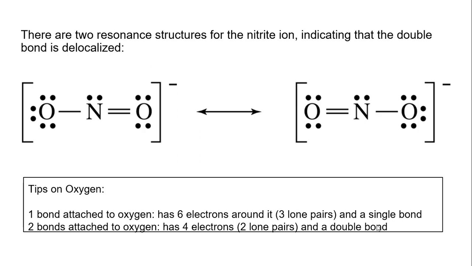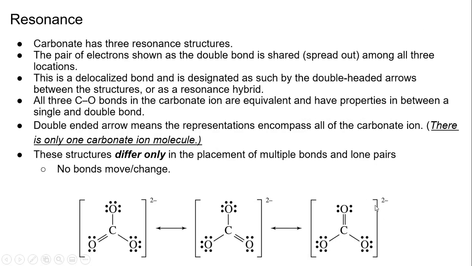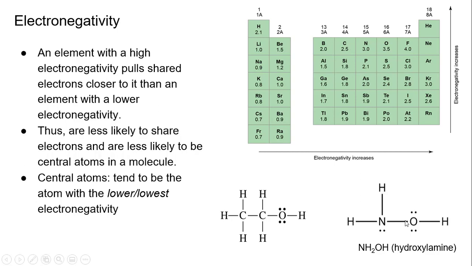Okay. Another thing to learn is if you have an oxygen that has a single bond, it has 6 electrons around it. If you have a double bonded oxygen, it has 2 lone pairs. That's usually how this goes on every compound. You'll see either this or that when it comes to oxygen. Very rarely will you see something different. The only other one you'll see is if we go back, you'll see that this has 2 bonds, but 2 lone pairs.